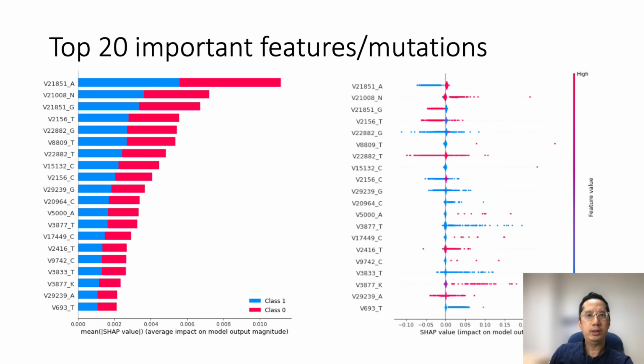And then after the random forest model, we identified the top 20 important features by looking into their mean SHAP value.